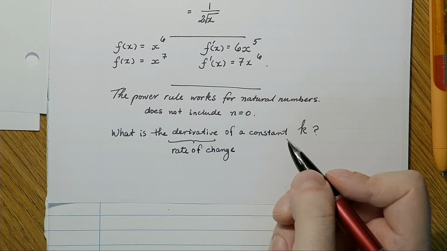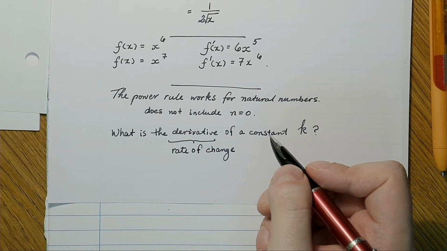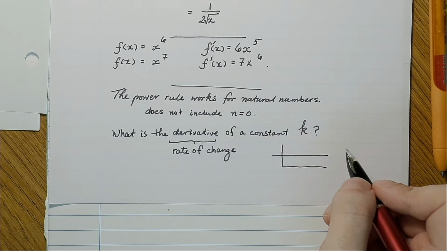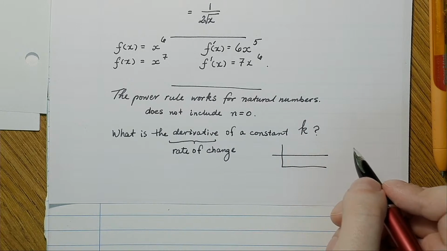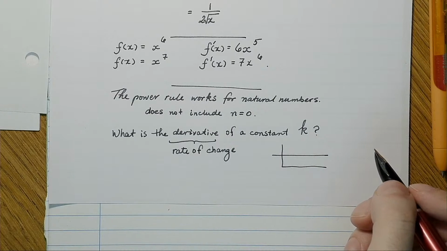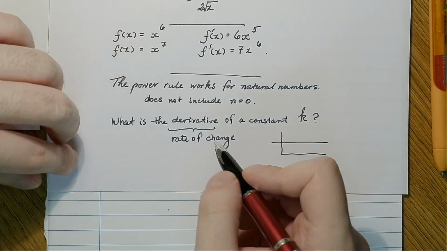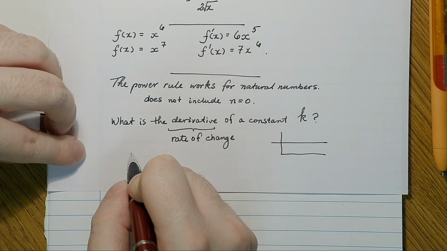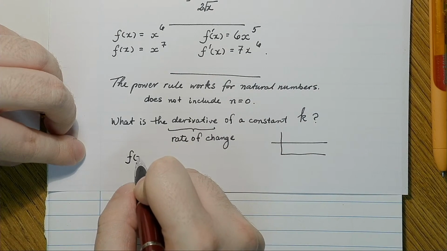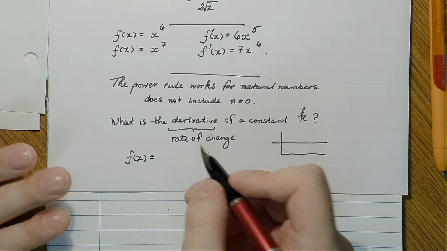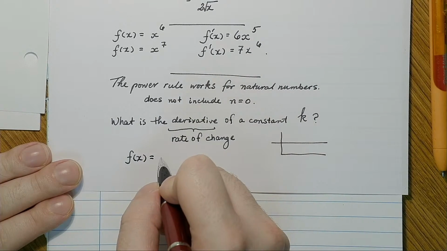So if I asked you, what's the rate of change when something is constant? There is no change. So that is how we can intuitively think about it. So if I have a function and it's constant, exactly, it should be 0.